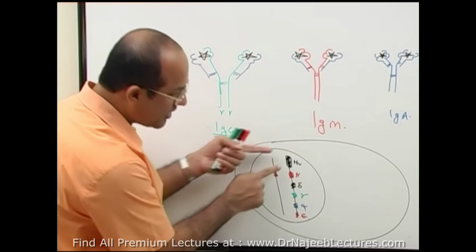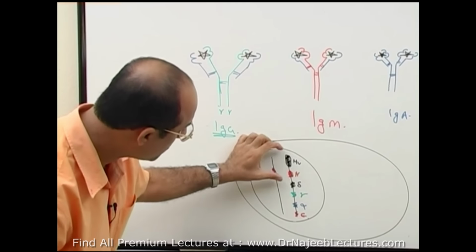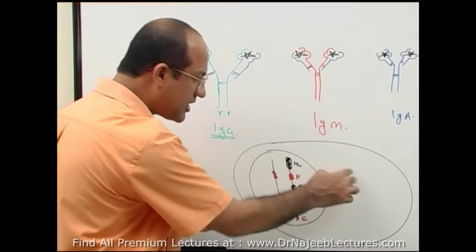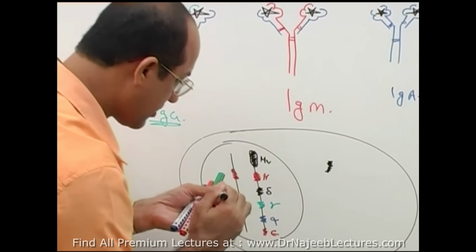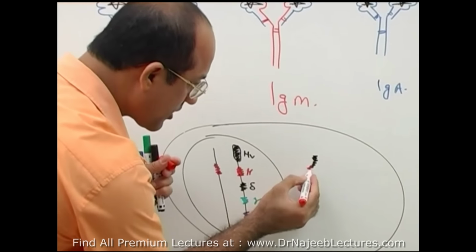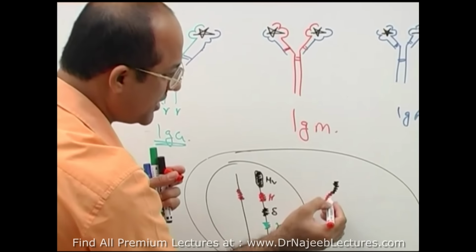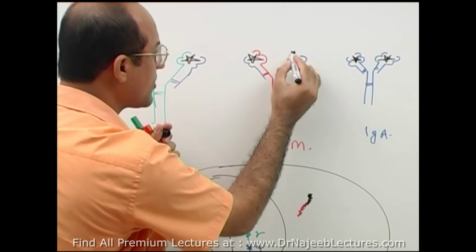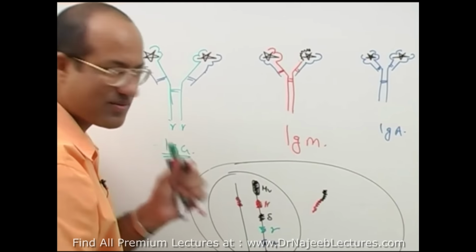Now what really happens? Initially this fragment fuses with this and both of them come together and start making heavy chains. So in the beginning the heavy chains made in this cell will have this portion with this portion. And what is this?